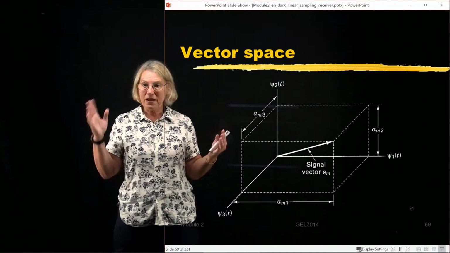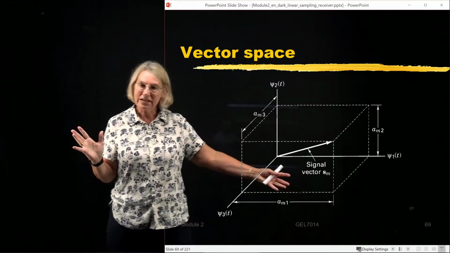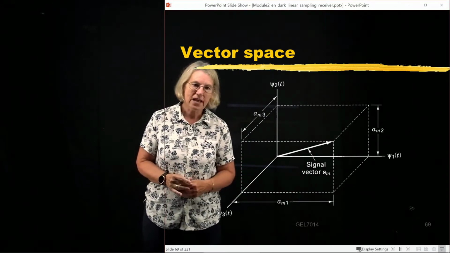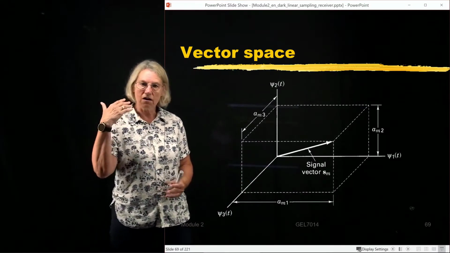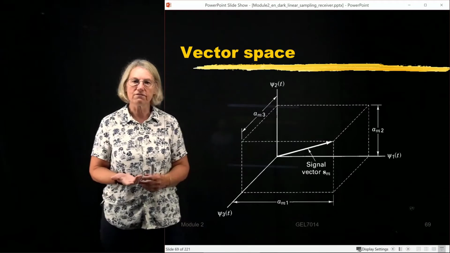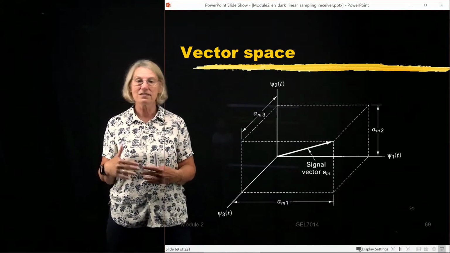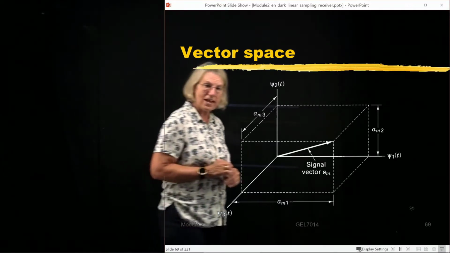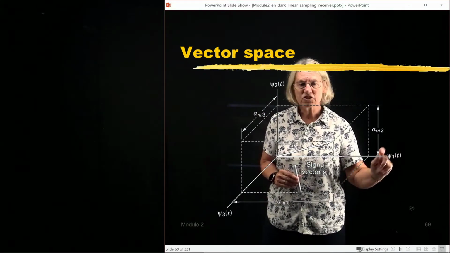So vector spaces, signal spaces, how are they related? Here we have a three-dimensional representation of a vector space, and of course it looks similar to what we've seen before, except that in our geometric interpretation of vector spaces in real space, we would have an x-axis, a y-axis, a z-axis, but here you can see that the axes are actually labeled as functions of time.